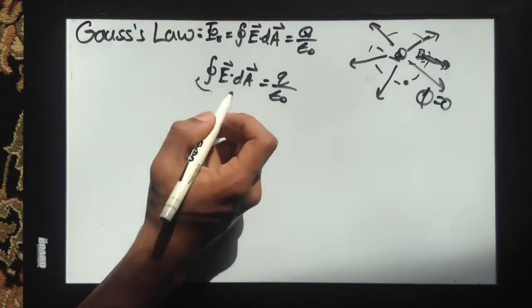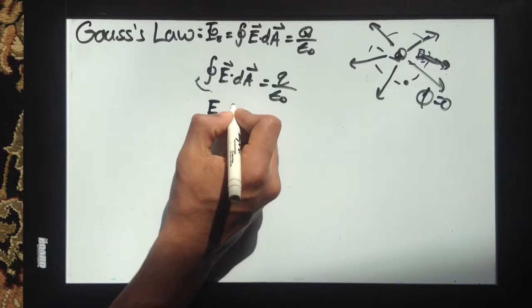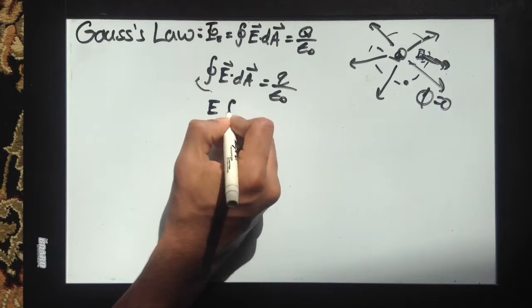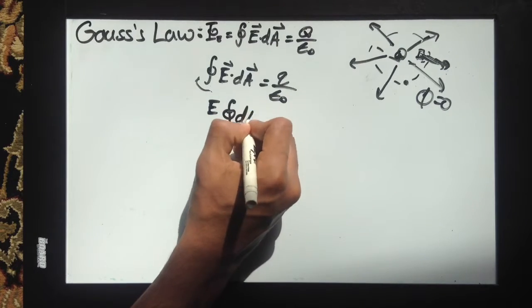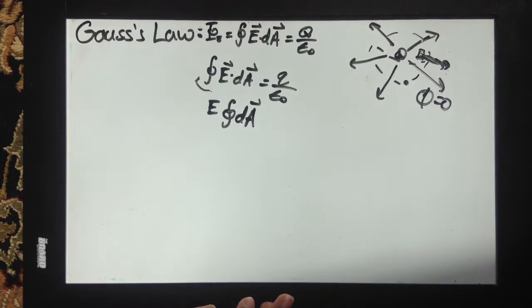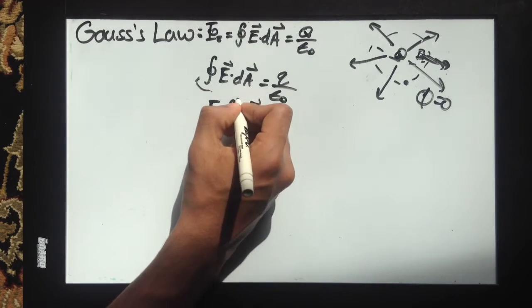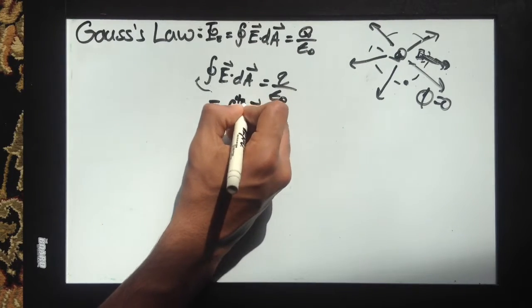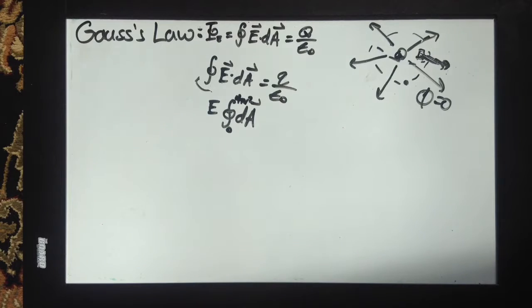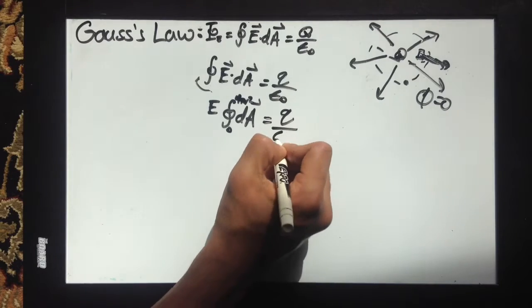So this basically just becomes E times the surface integral of dA. And since it's a sphere, we integrate from 0 to 4 pi r squared, since that's the surface area formula for a sphere. And now we can set that equal to Q over epsilon naught.